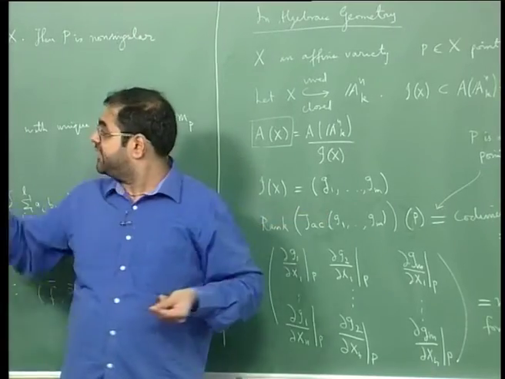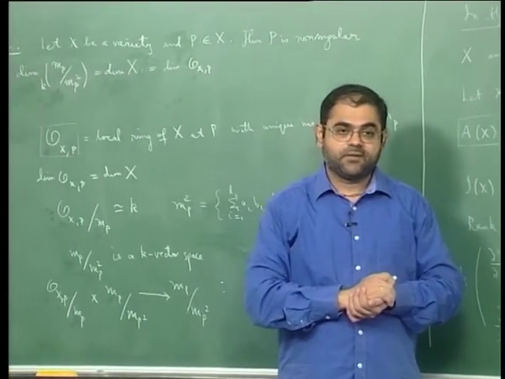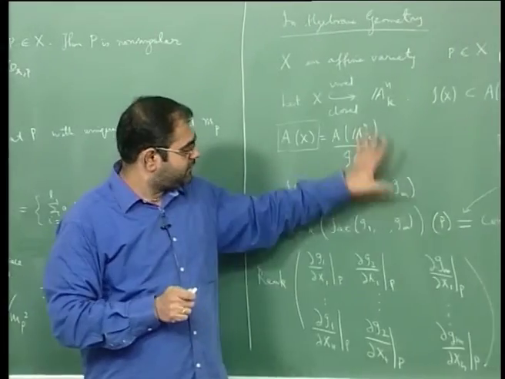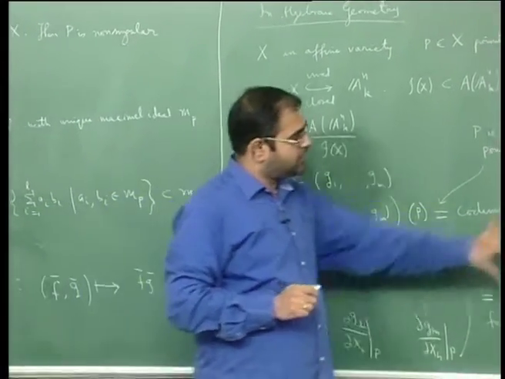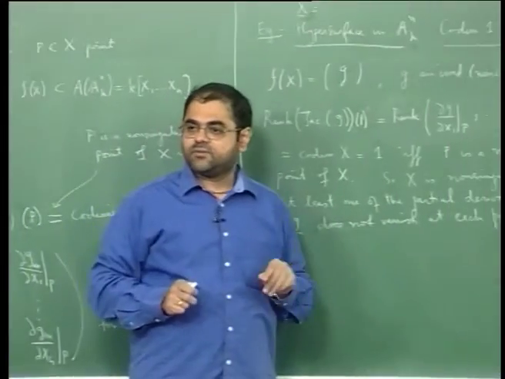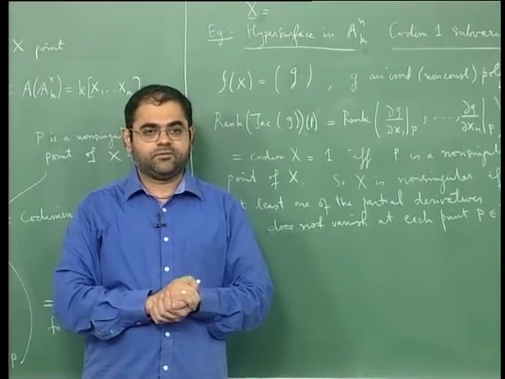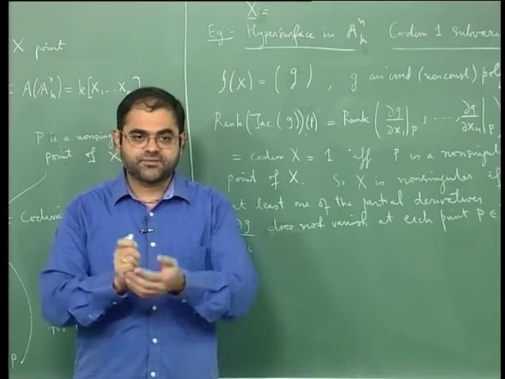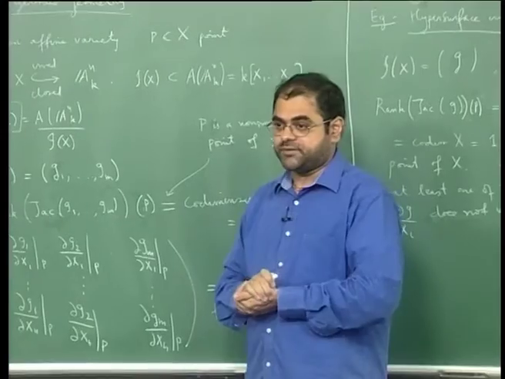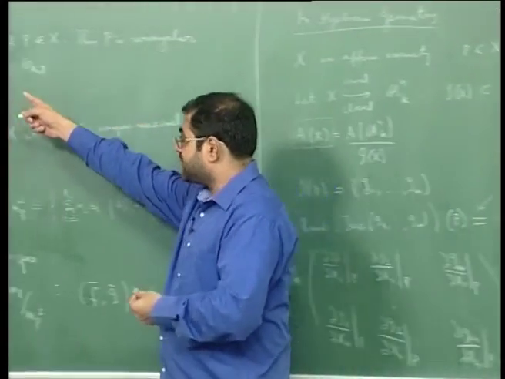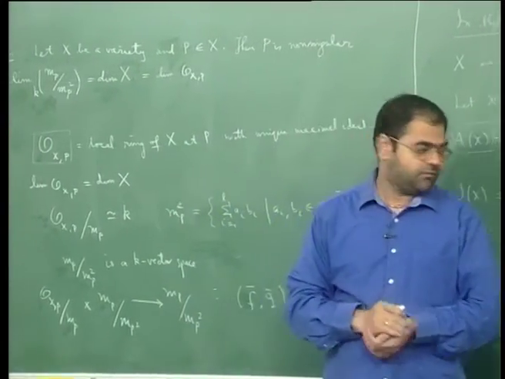So it is a very intrinsic statement. That tells you that you do not have to worry about this definition, but it is useful to make calculations and to check whether a variety defined by a bunch of equations is smooth or not at a point. That theorem tells you that you are not going to go wrong if you use this.